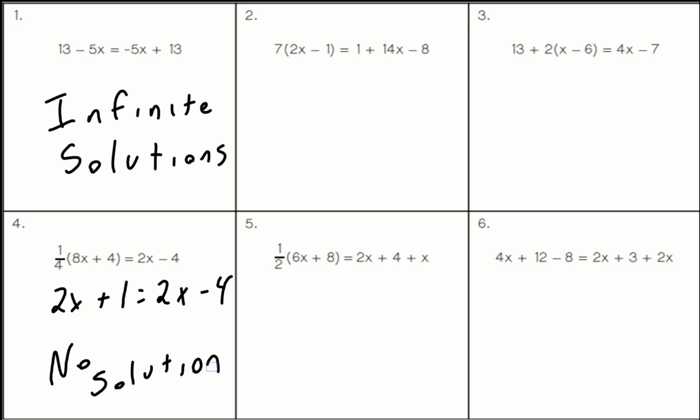Any questions on those? We see how this works? All right, go ahead, do 2, 3, 5, and 6. If the answer is one solution, for right now, you don't have to solve it. Just figure out if it's one solution. So you're looking for whether it's one solution, no solution, or infinite.